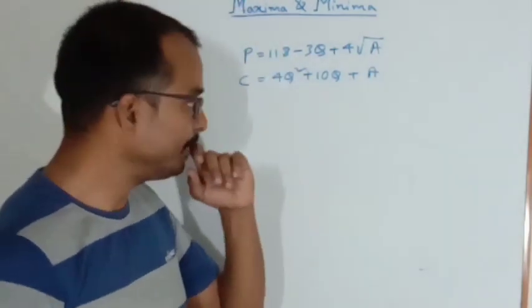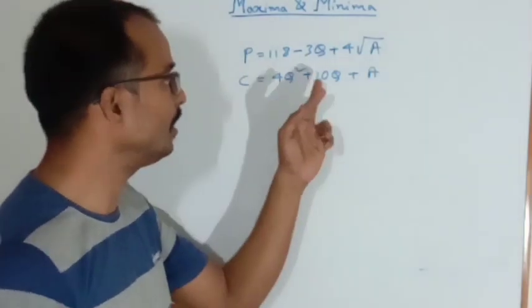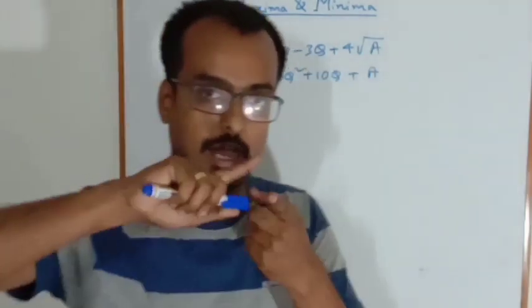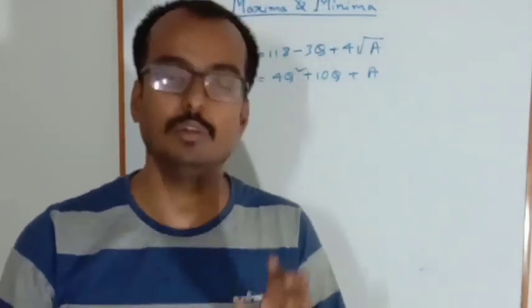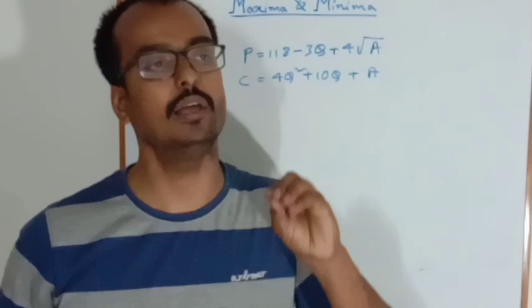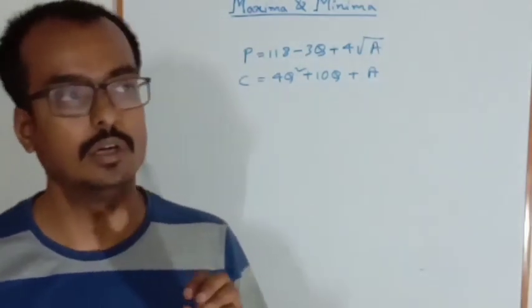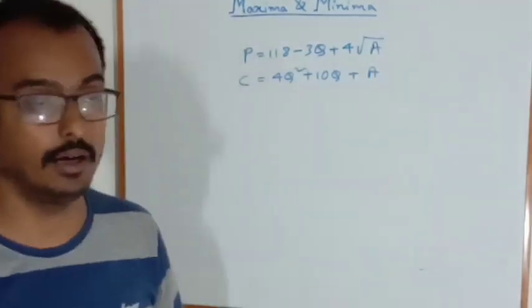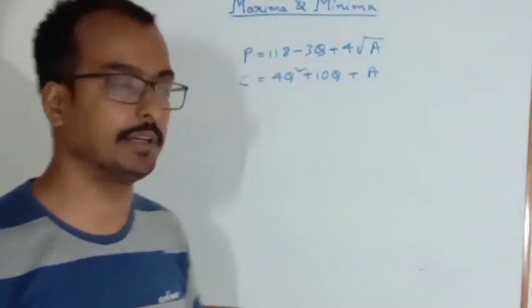Now it's a multi-variable application, and here you have to take two variables, output and advertisement. Output will be one variable and advertisement will be another variable. So you have to decide not only on output, how much to sell, but also how much money to spend on advertisement.